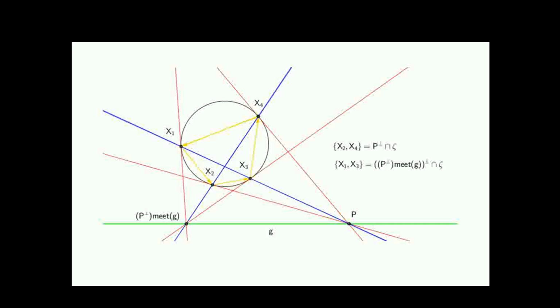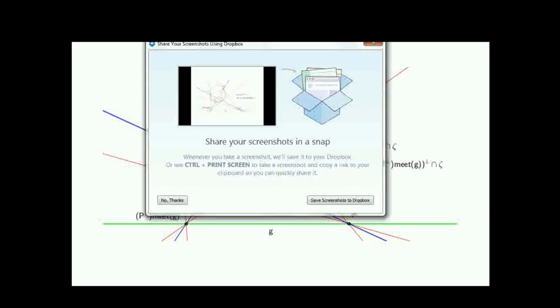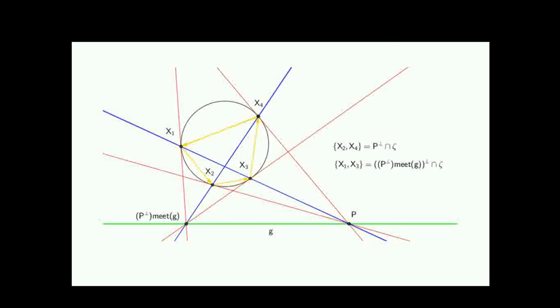Similarly, if you want a 4 cycle, you can do it like this. If you put any generic point P down, and then take the polar of that, that'll be this blue diagonally upwards line, and that's going to give us points x2 and x4 on our cycle.